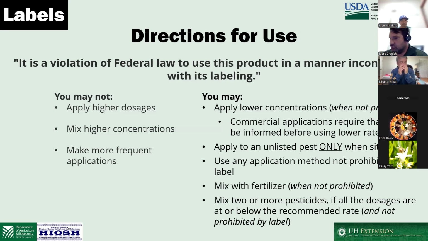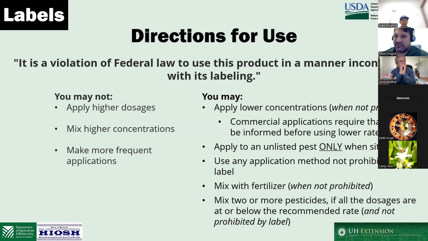So you may not apply higher dosages than the label allows. You may not mix higher concentrations than the label allows. You may not make more frequent applications than the label allows. You may apply lower concentrations unless it says on the label that you can't. Oftentimes they'll have a range, right? And you have to stay within the range.